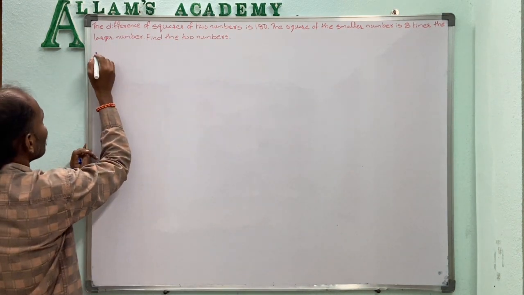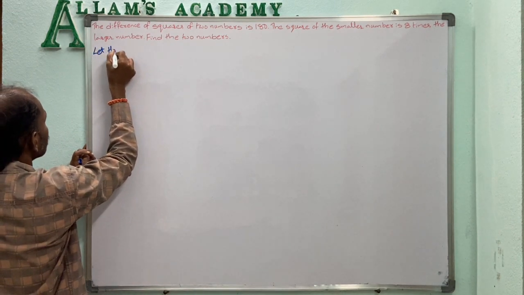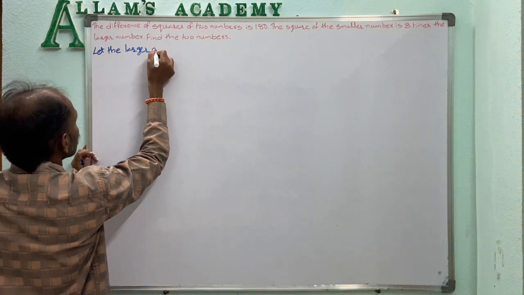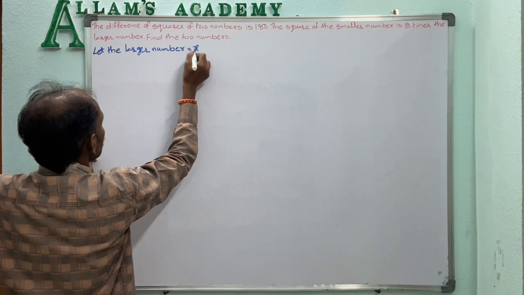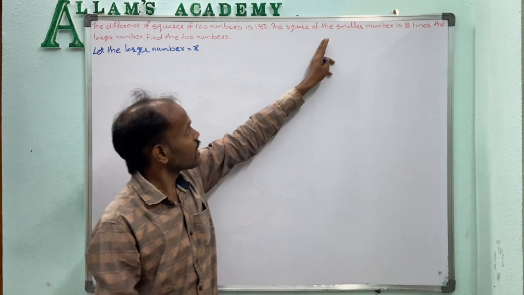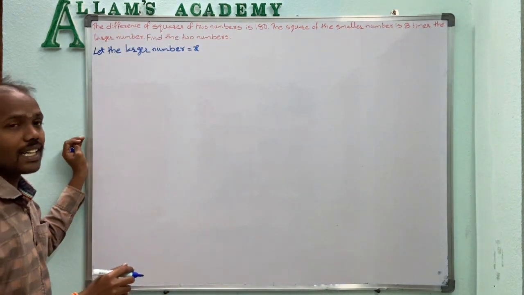So let the larger number equal x. Now it is given that the square of the smaller number is 8 times the larger number.